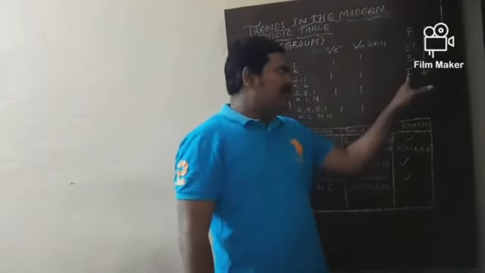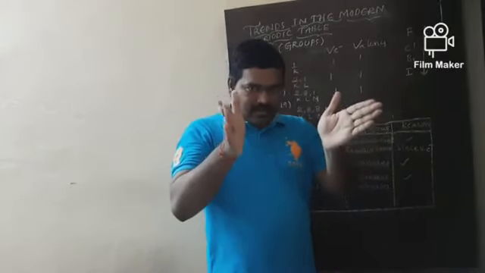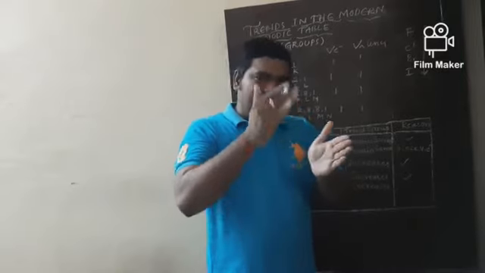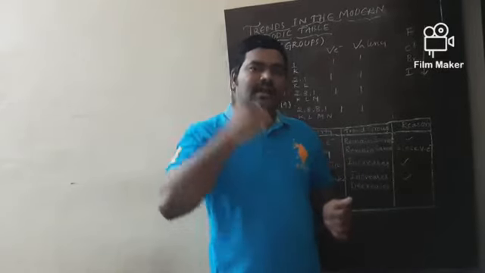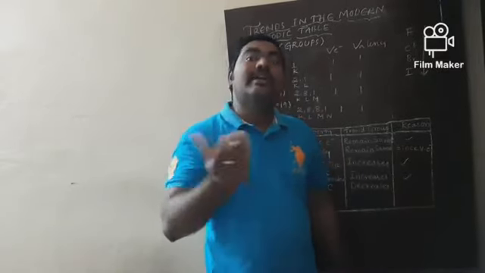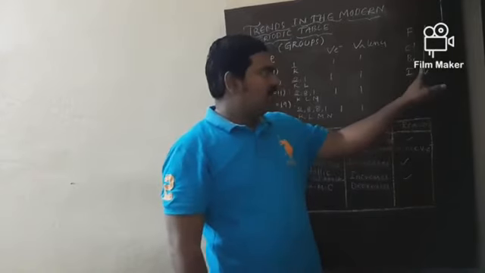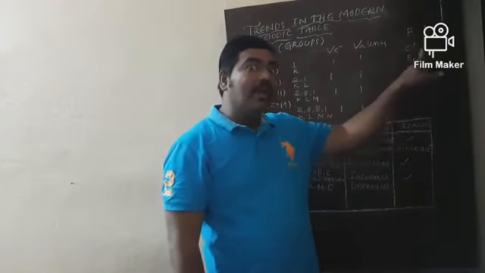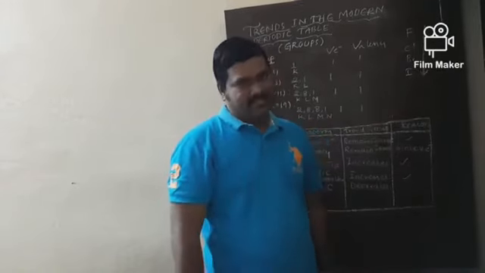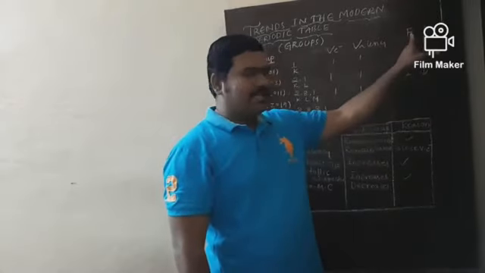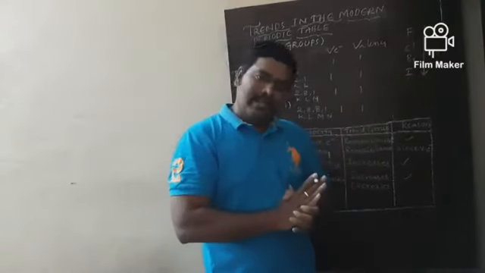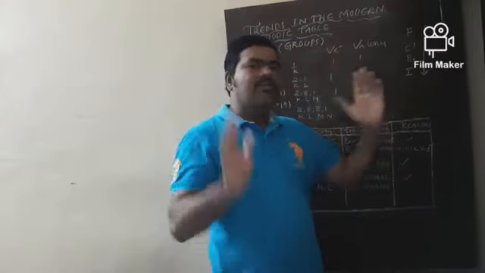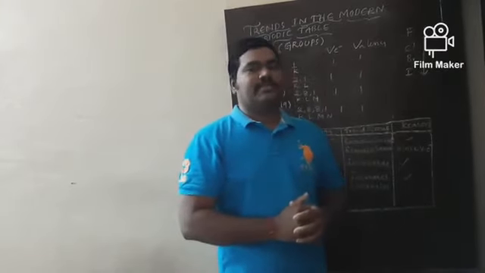Since the size of the atom increases, nuclear attraction between nucleus and outermost shell electrons decreases. So that's why non-metallic character decreases. Small sized atoms possess maximum non-metallic character compared with heavy size atoms.